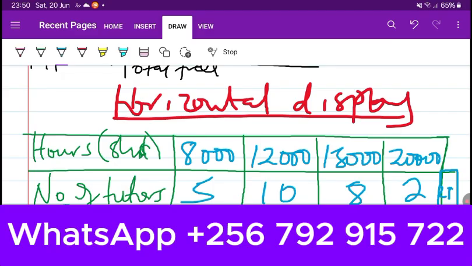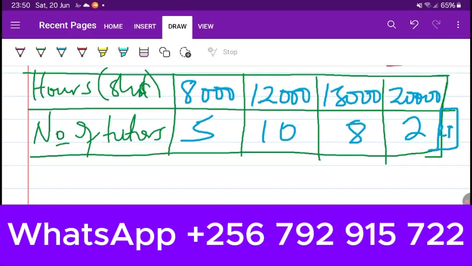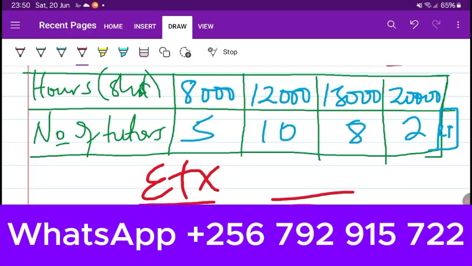We can even get the mean. What is the mean pay? Or on average, how much are we paying the tutors? Whereby you find yourself getting summation fx over summation f. Of course, the summation of f we have already gotten as 25. Then the rest, you multiply this one times this, plus this times this, plus this times this, plus this times this.